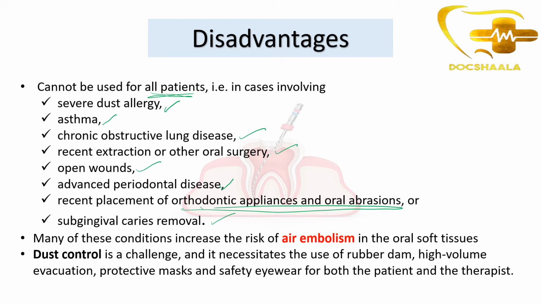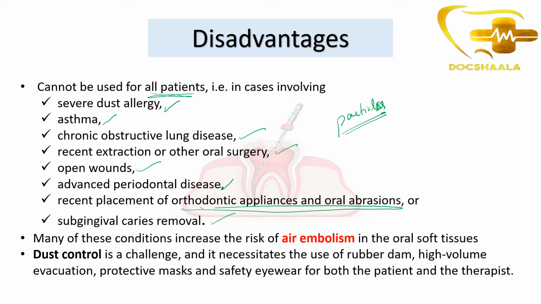Why? Because we provide aluminum oxide particles of very fine quality. When we use these particles in severe dust allergy or asthma patients, inhalation might trigger the allergy and asthma. It also cannot be used in chronic obstructive lung disease.